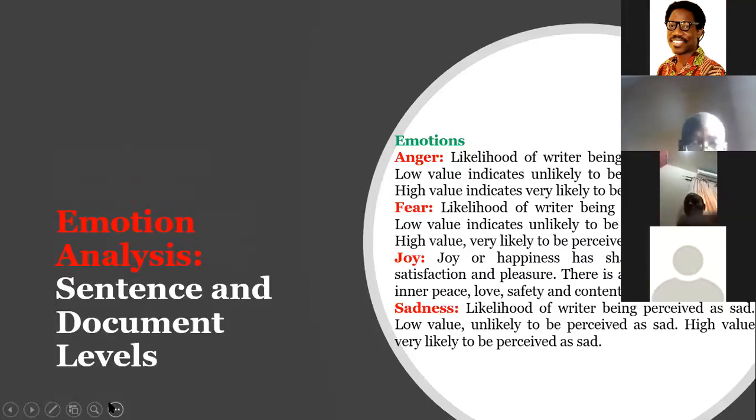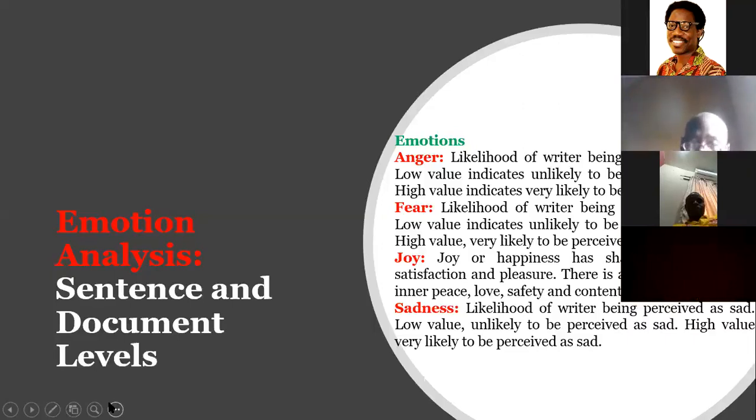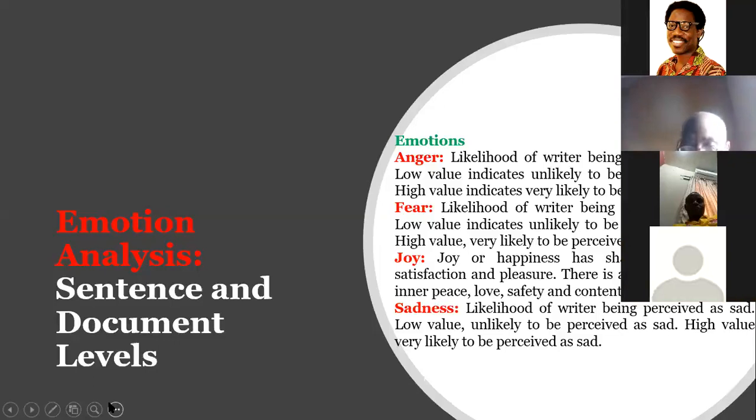So we can carry out emotion analysis at the sentence and document level. By document level, if I have a particular speech, I can say I want to determine the entire emotions within this speech. Then I can say I want to look at the sentence. You can also do it at paragraph level.